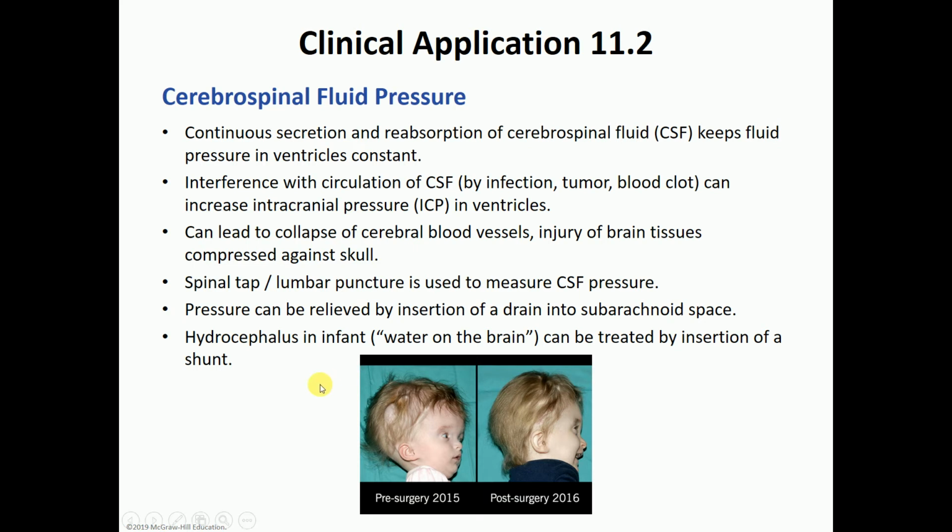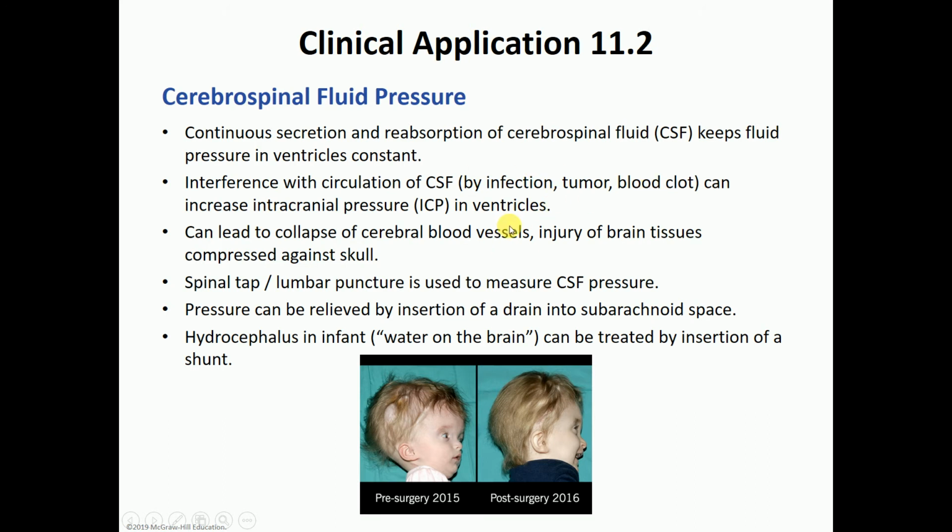Okay, we could also do a spinal tap or a lumbar puncture where we insert a needle into the lumbar area into the subarachnoid space and drain some of the CSF. That would have to be done very slowly though, because you want a gradual decrease in pressure, not a sudden decrease in pressure. The things that could interfere with the circulation or block the circulation could be maybe a tumor or blood clot, an infection.